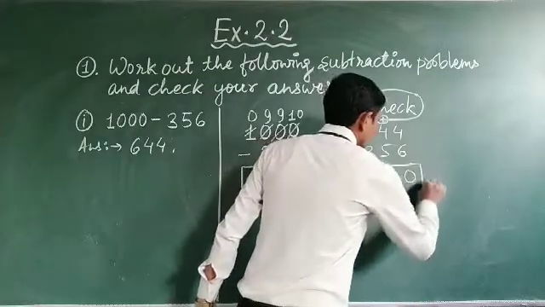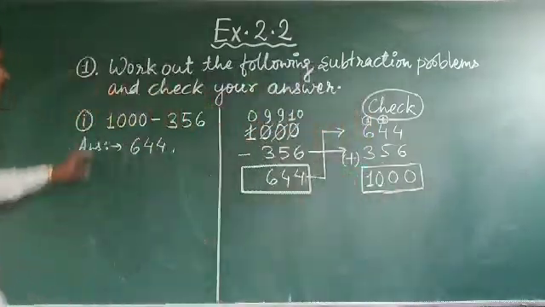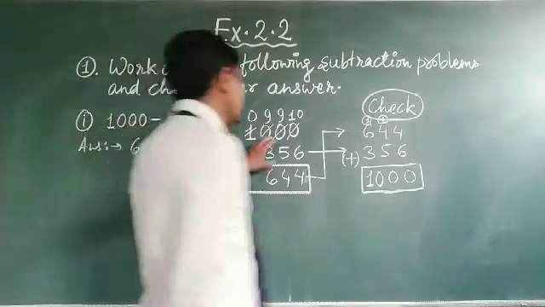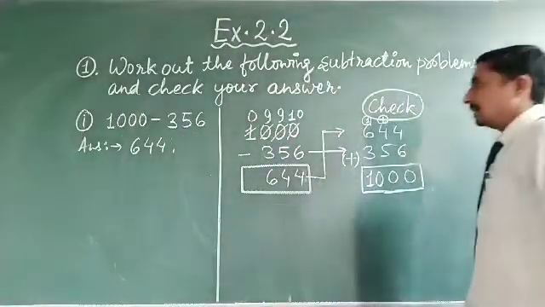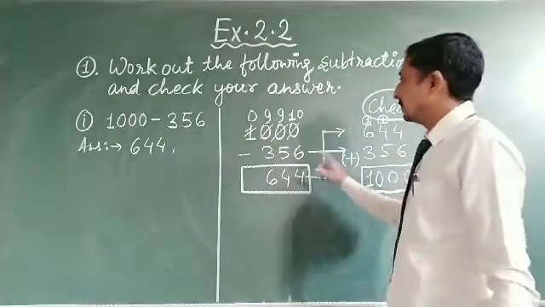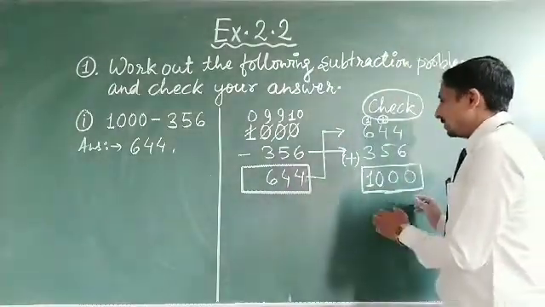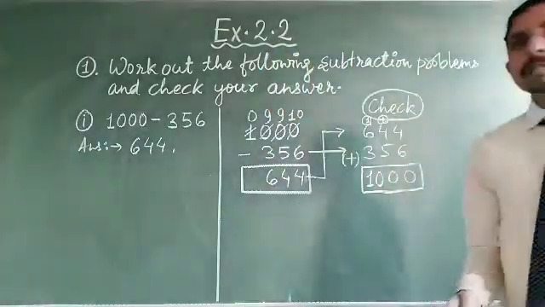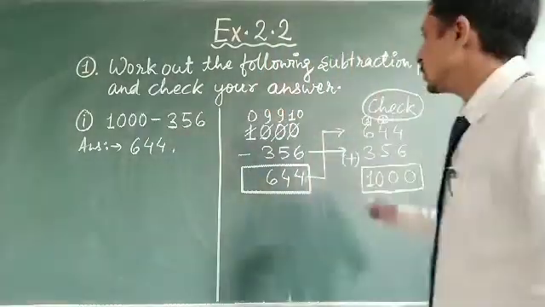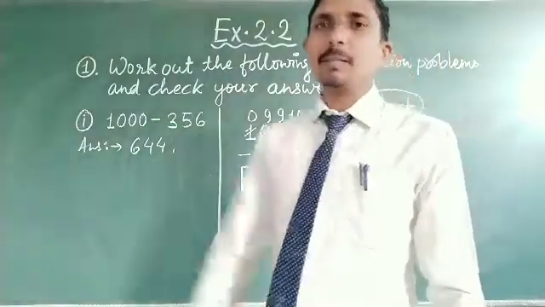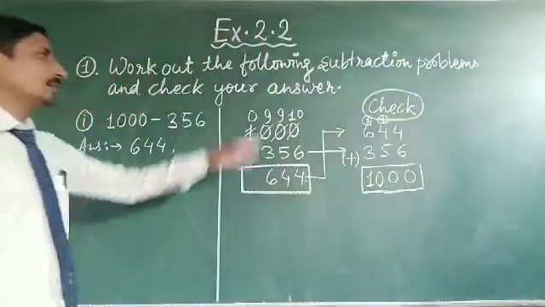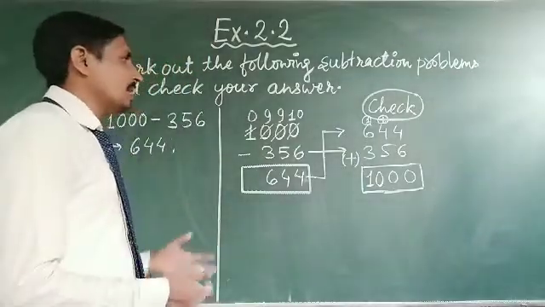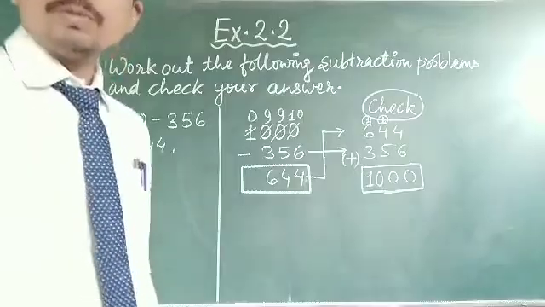Now you see, by adding both we got this number. So when we add our answer and the number we subtracted, we get the first number. When we get the first number, that means our answer is right. In this way you can subtract the given numbers and check the answer also.